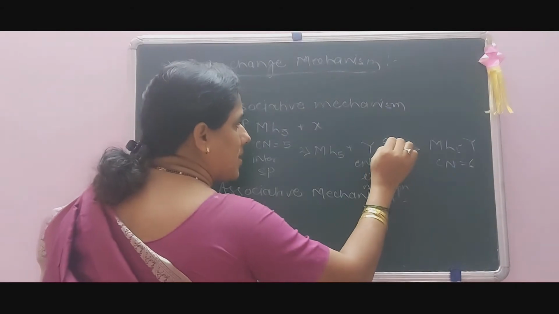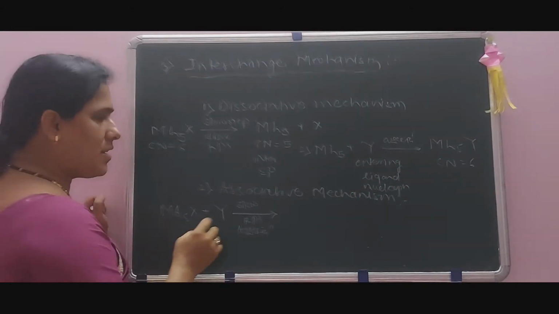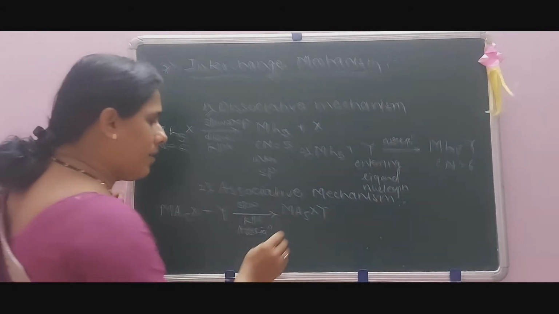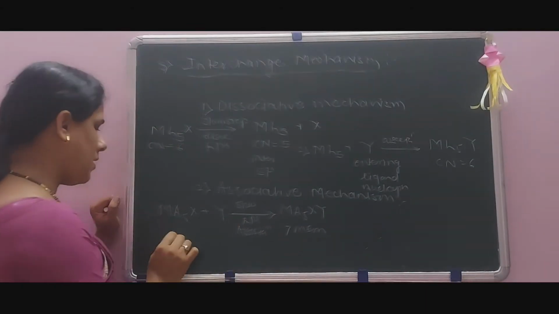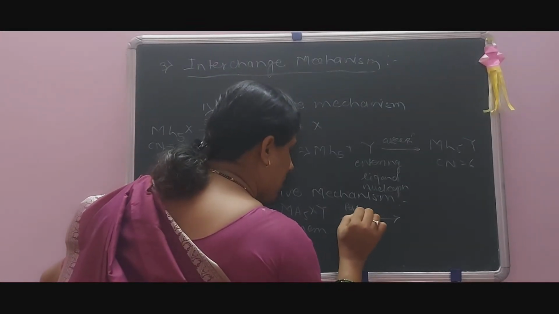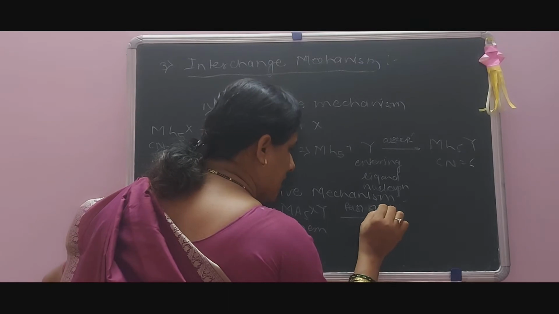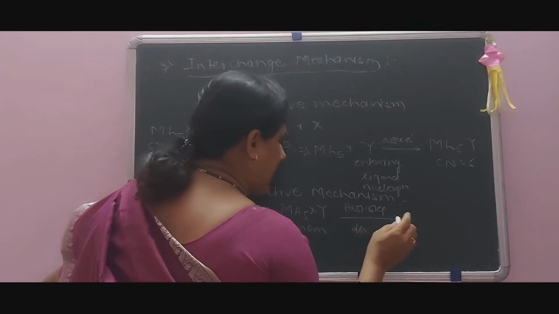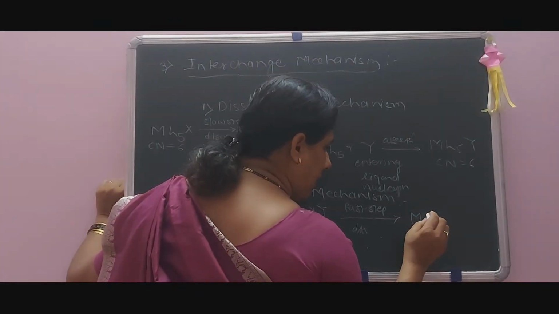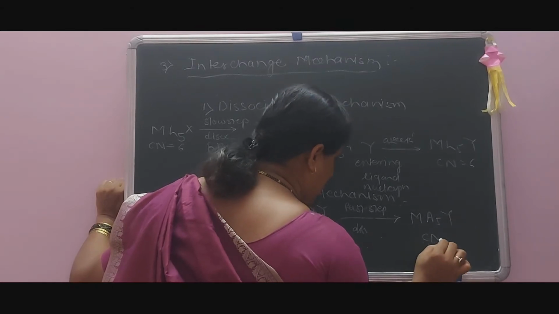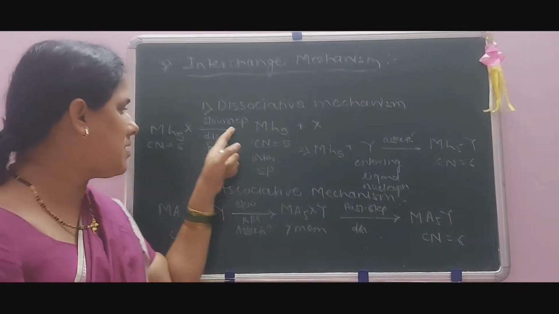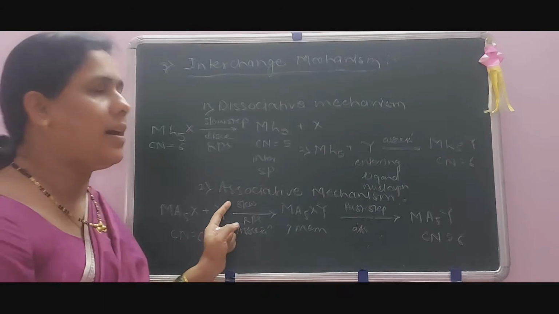There is formation of a 7-coordinate complex MA5XY, and the coordination number is 7. It dissociates in a faster step, where the bond between M and X is broken and the bond between M and Y is formed, giving MA5Y with coordination number 6.